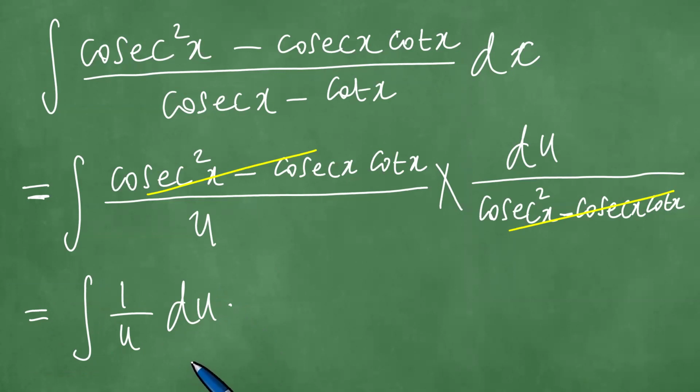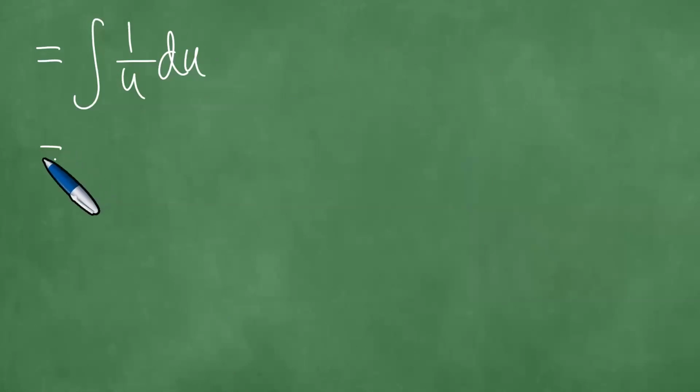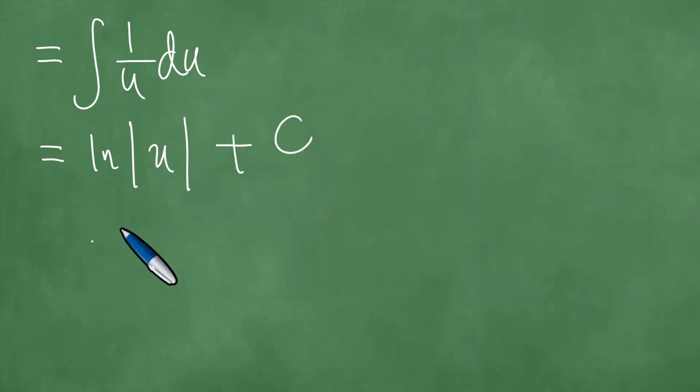Okay. And then now, what is the integral of 1 over u du? Let's examine that one. The integral of 1 over u du is the natural log of the modulus of u plus the arbitrary constant of integration c.